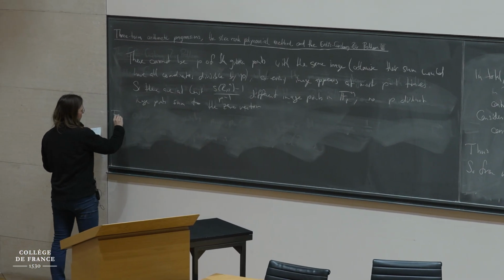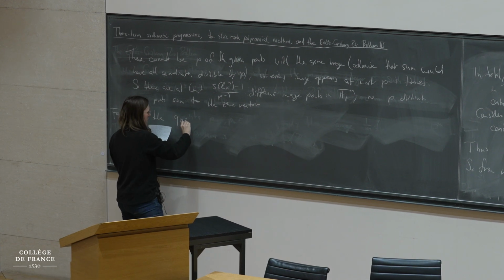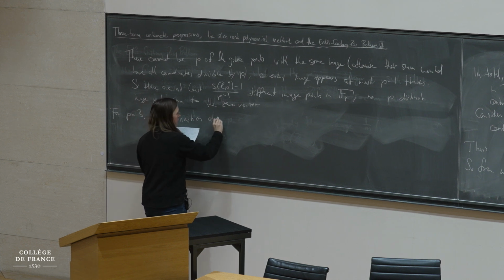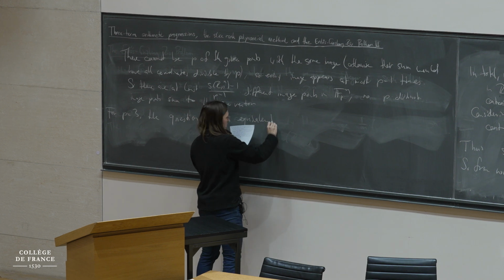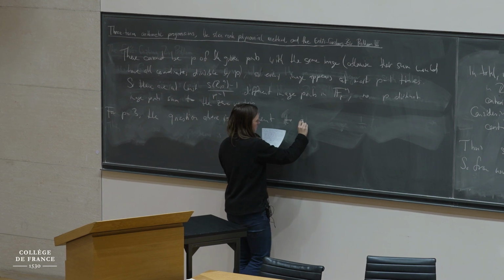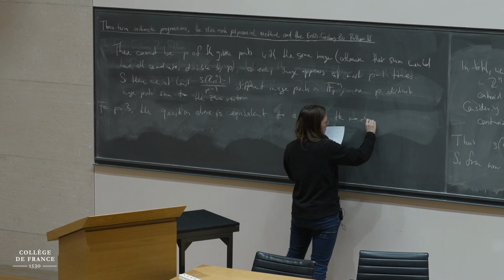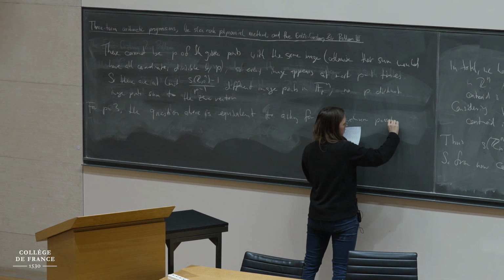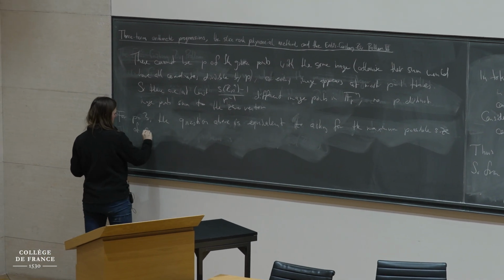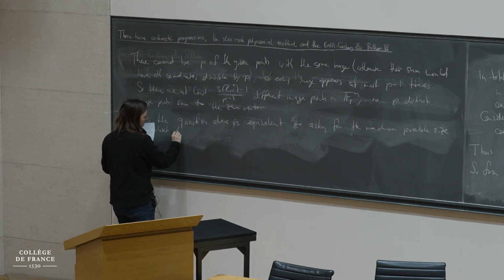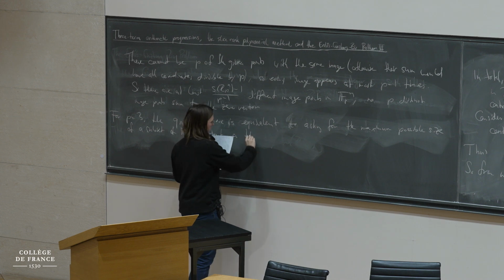And so for p equals 3, this question above is actually equivalent to asking for the maximum possible size of a subset of F_3^n without a 3-term arithmetic progression.